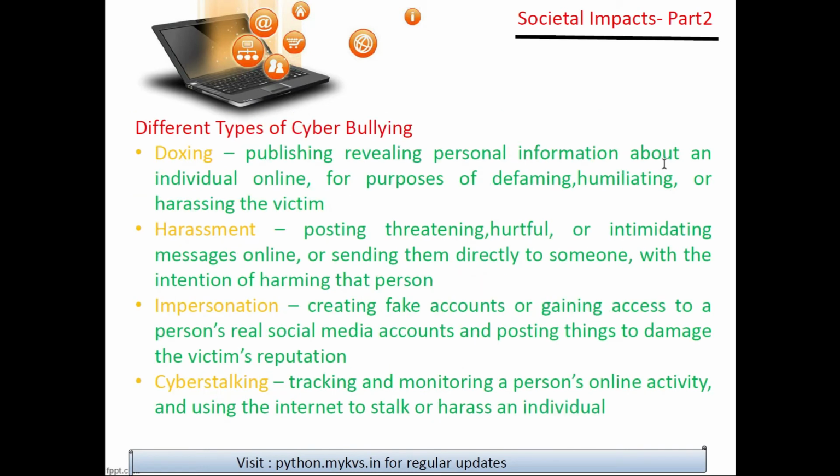There are different types of cyberbullying. Doxing is publishing or revealing personal information about an individual online for the purposes of defaming, humiliating, or harassing the victim. Harassment is posting threatening, hurtful, or intimidating messages online, or sending them directly to someone with the intention of harming that person.